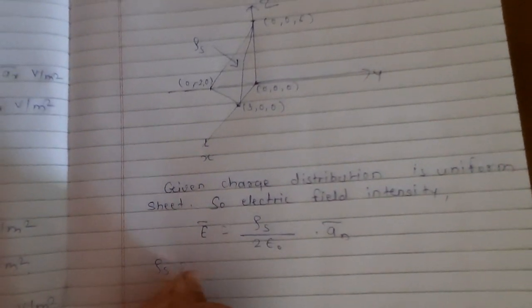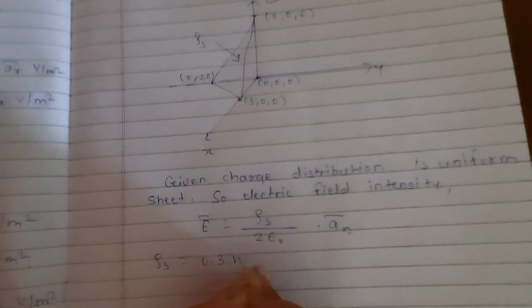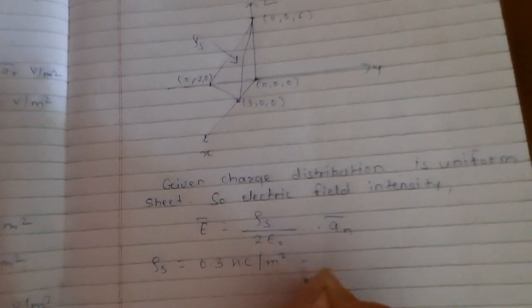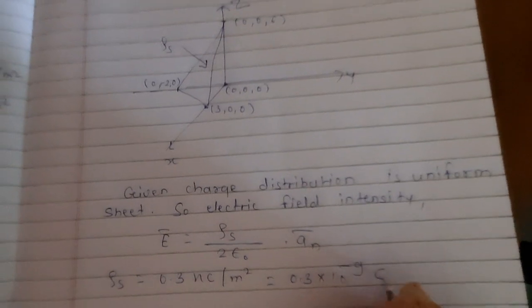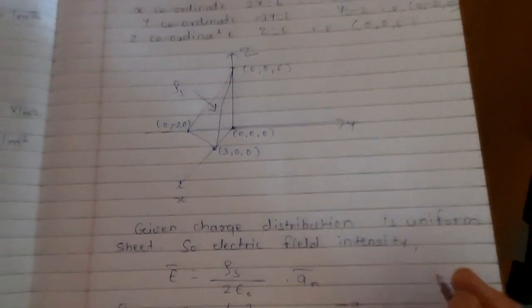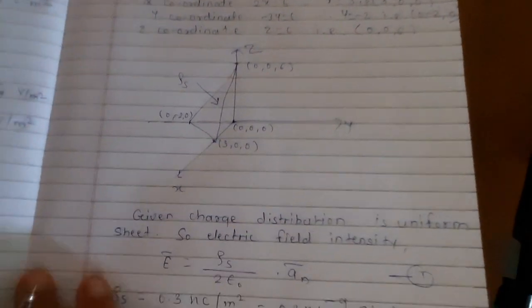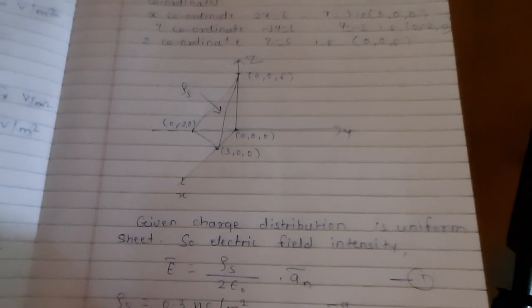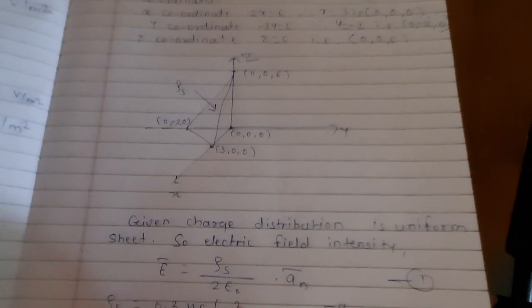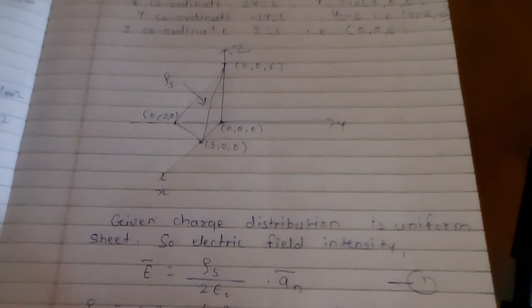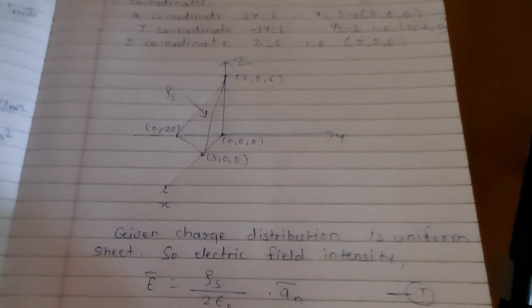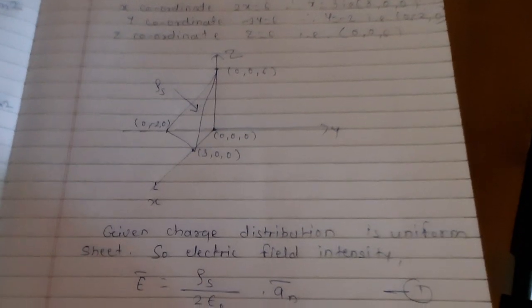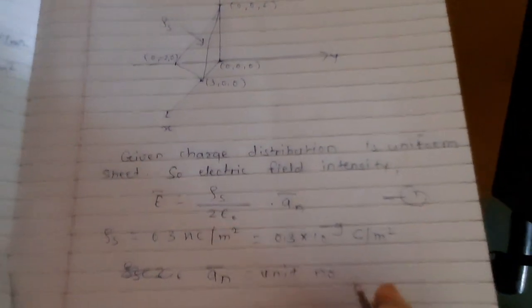So rho s is equal to 0.3 nano coulomb per meter square, that is 0.3 into 10 raised to minus 9 coulomb per meter square. This is equation 1. Now here AN bar is the unit normal vector.